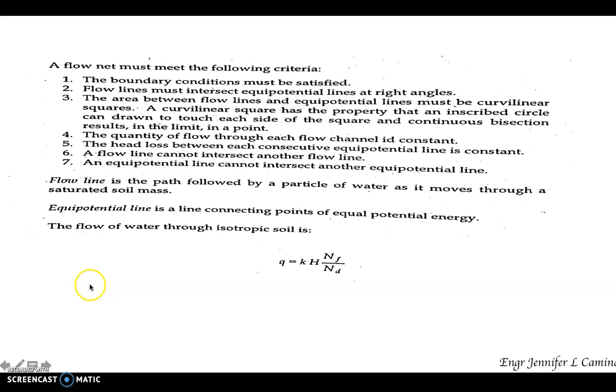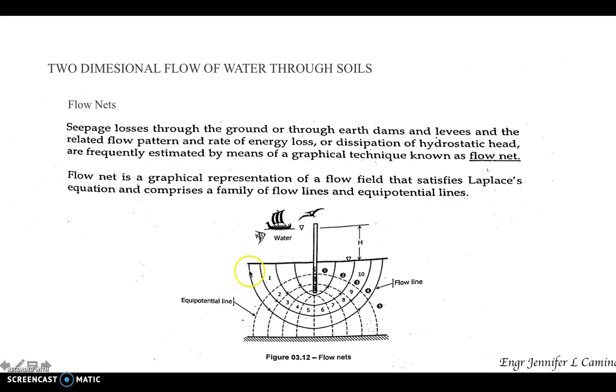And the quantity of flow through each flow channel is constant. The head loss between each consecutive equipotential line is also constant. A flow line cannot intersect another flow line, and an equipotential line cannot intersect another equipotential line.